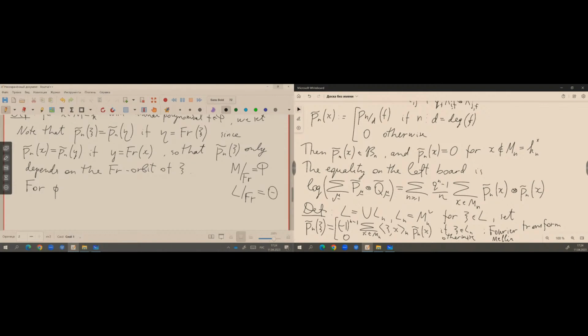So sometimes maybe I will write this. So for phi in capital theta, we set degree of phi to be the number of elements in this orbit.